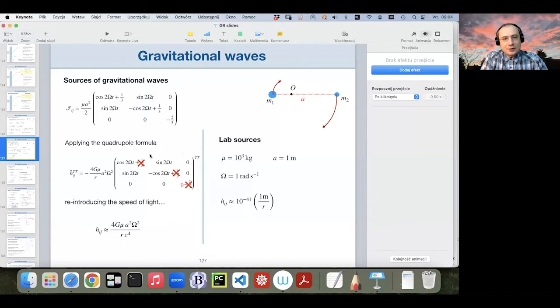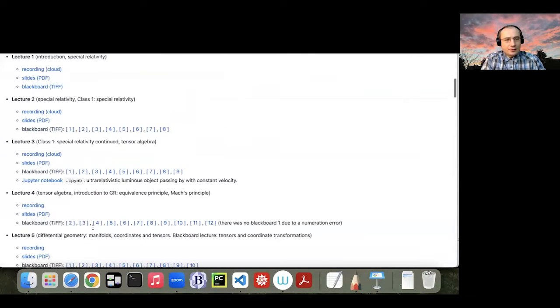Well, it's the transverse traceless part of the tensor consisting of this diagonal with cosine 2 omega t and additional coefficients here, but these coefficients are not relevant when you pass to the transverse traceless gauge. They will be projected out and we'll be just left with the trigonometric functions and zeros, and that's it. Just for future reference.